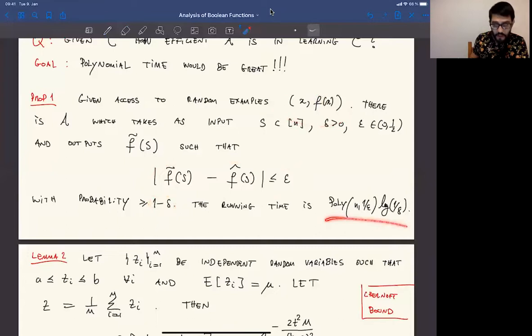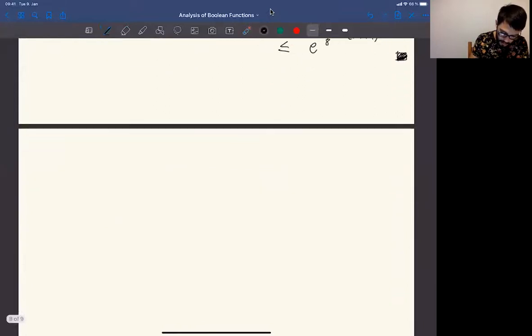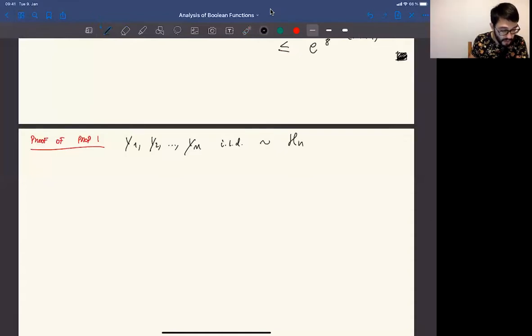Okay, and the running time is only polynomial in epsilon and n. Okay. So what I can do is say I have y1, y2, ym, which are IID random variables, all uniformly distributed in the Hamming cube, Hn.